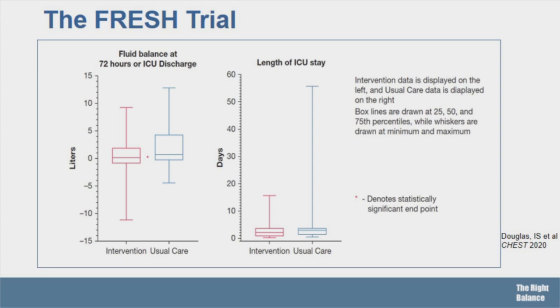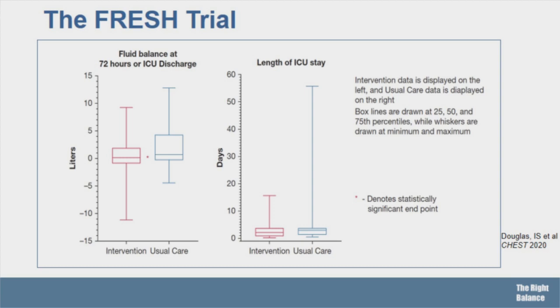Now that's at 72 hours. So you're past your initial septic event. And what you're seeing here is that these patients have a much higher level of fluid balance, positive fluid balance. The fluid balance is much lower in the intervention.